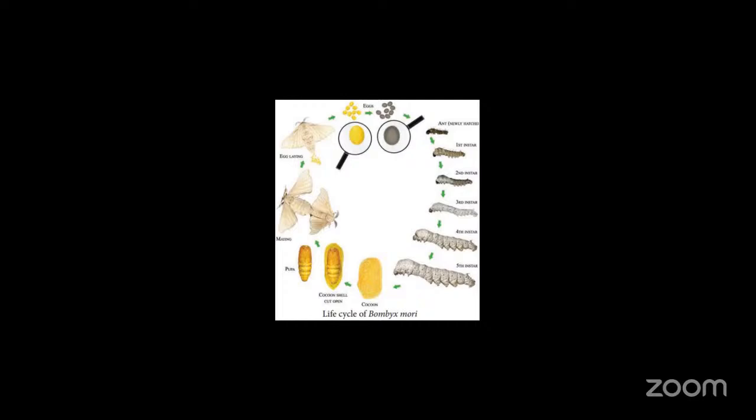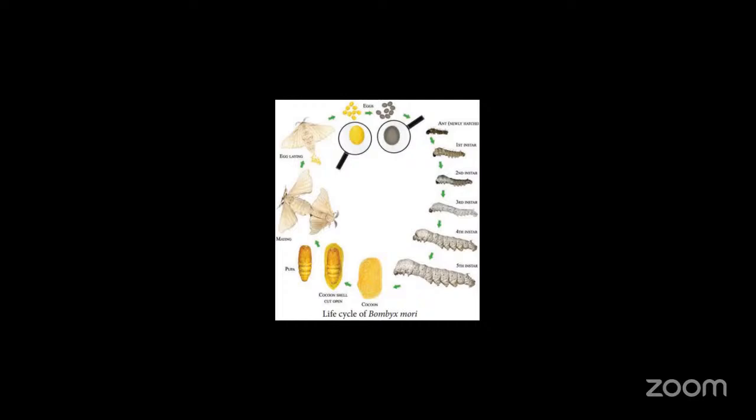And the second type of silkworm, tropical tussar silkworm. The common name is tussar silkworm. The scientific name of tussar silkworm is Antheraea mylitta. The origin of this tussar silkworm is India, where it was first found.